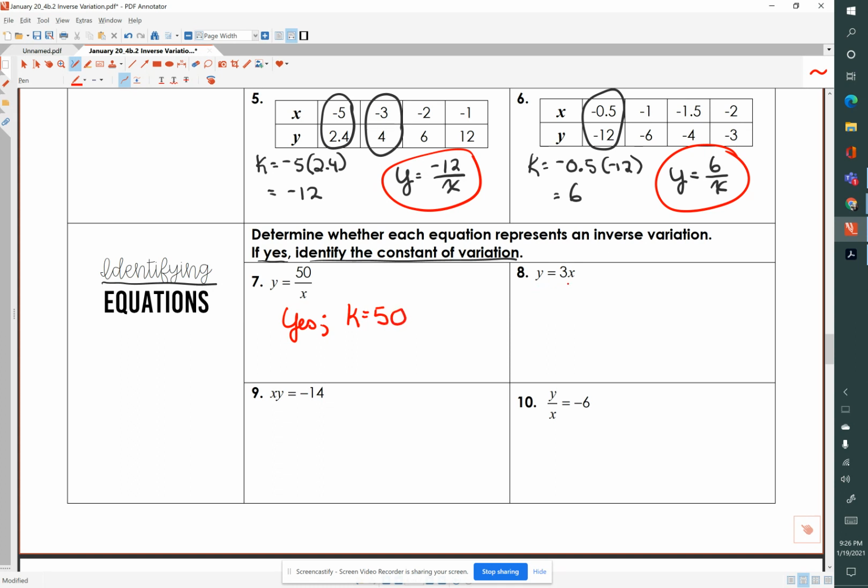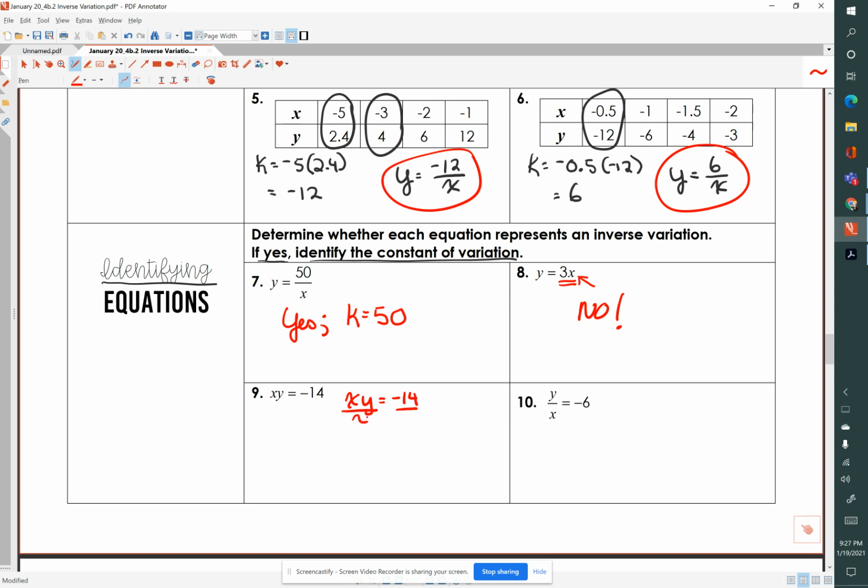Now, in number 8, we have y equals 3 times x. Okay, not in the correct form. So the answer is no. End of story. Number 9, we have xy equals negative 14. Well, let's go ahead and solve that for y. So xy equals negative 14.